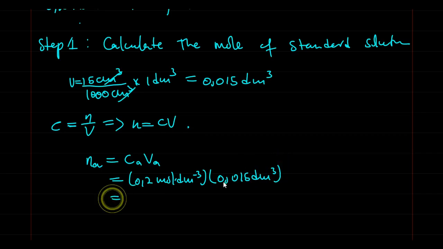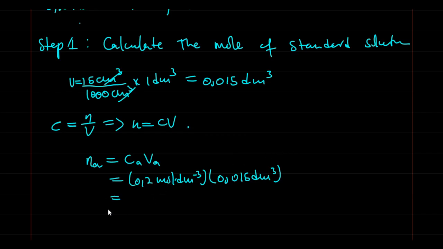You will notice that per decimeter cube cancels decimeter cube. When we multiply powers of the same base, we add the exponents. It means it is -3 plus 3, which is dm exponent 0, and any number exponent 0 is 1. So we are left with mole.